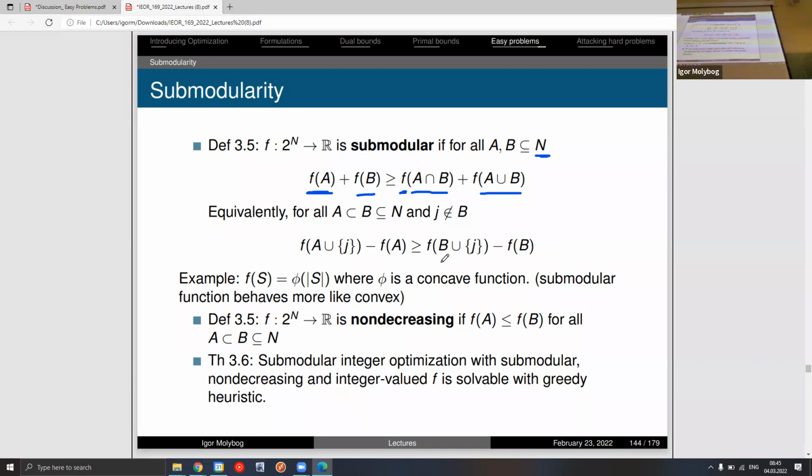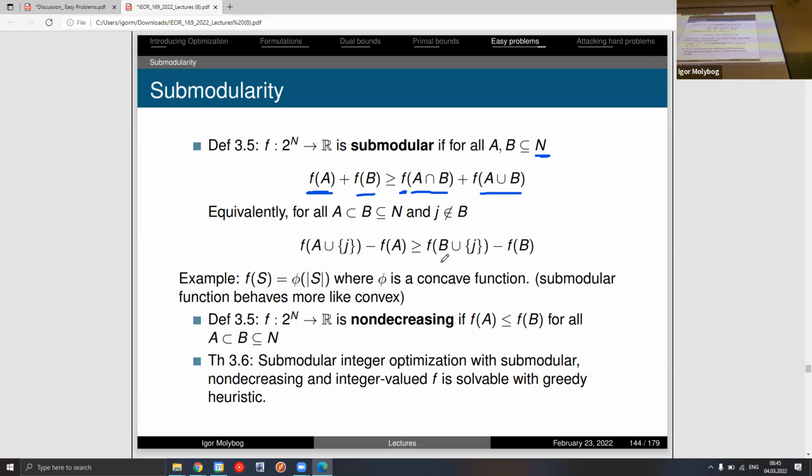Okay, so you have a set B and a set A, and they are included in one another. And you have a separate point J, a separate number, since we are talking about sets of numbers.